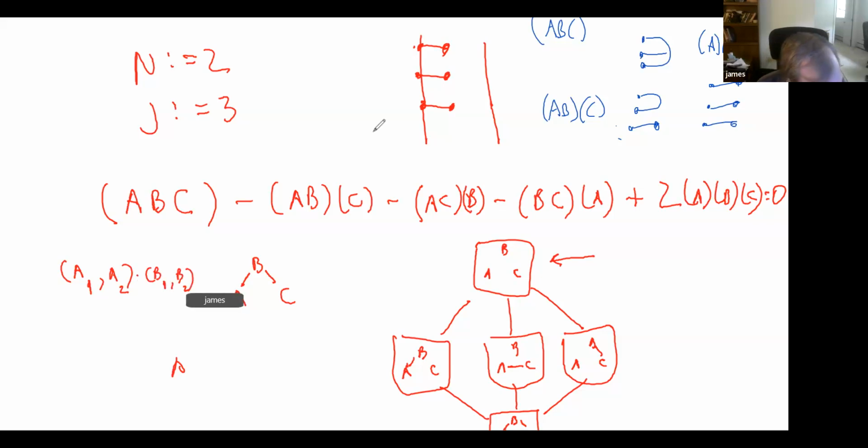Am I saying this right? Let's see. What's that notation? Well, I'm trying to say functions.